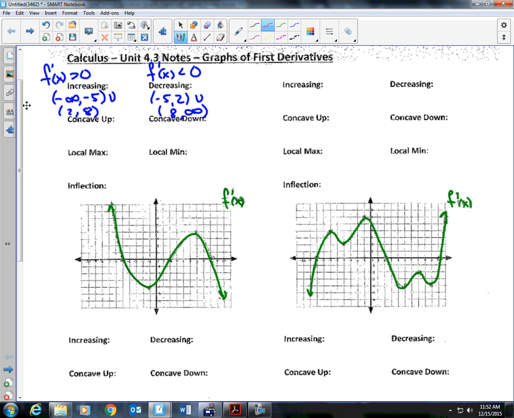I can also now determine local max and local mins. Okay? The local max occurs where the first derivative changes from positive to negative. So, is the first derivative positive or negative right here? It is positive. I'm above the x-axis. So I change from positive to negative, so therefore at negative 5 I have a max.